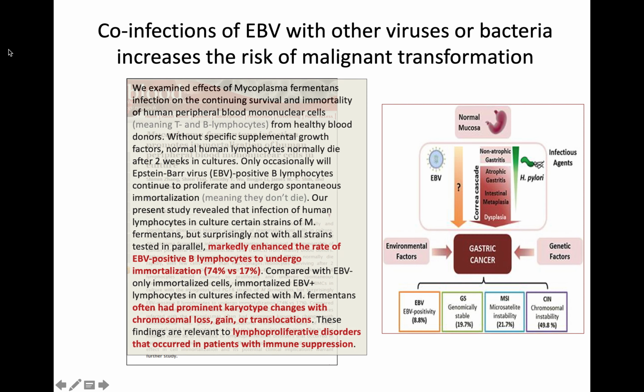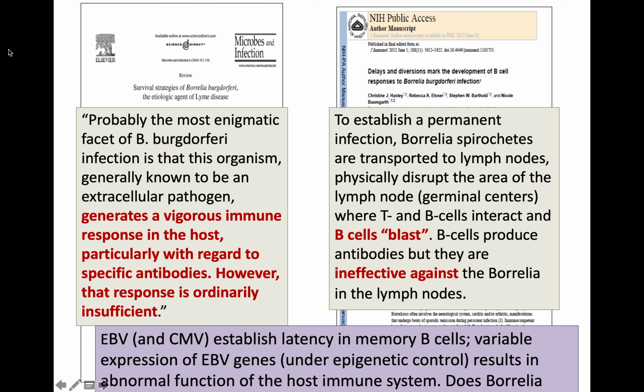So they are linking maybe co-infections of the Epstein virus and some strains of this bacteria, which seems to make blood cells immortal, to maybe cancer, malignant transformation. So some interesting facts, interesting research topics on some of these pathogens.